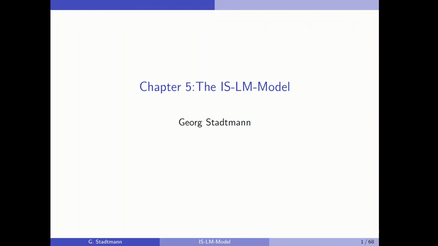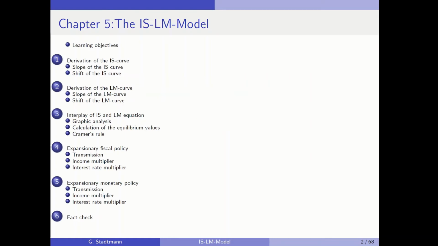So we are able to determine the GDP level and the interest rate level simultaneously. It's very important that you have digested already the material from Chapter 3 and Chapter 4, because now it's really a combination of these chapters.